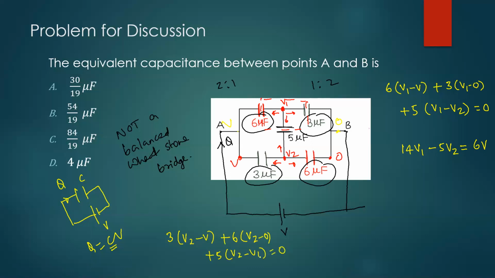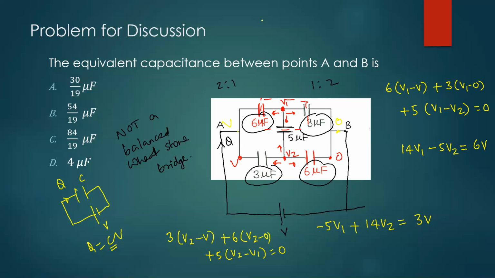So from here, what do we get? Minus 5 V1 plus 14 V2 is equal to 3V. This is a very nice symmetrical pair of simultaneous equations, and it is easy to solve. First, you can just add them. If you add them, 14 minus 5 is 9, and 9, the right-hand side also 9.